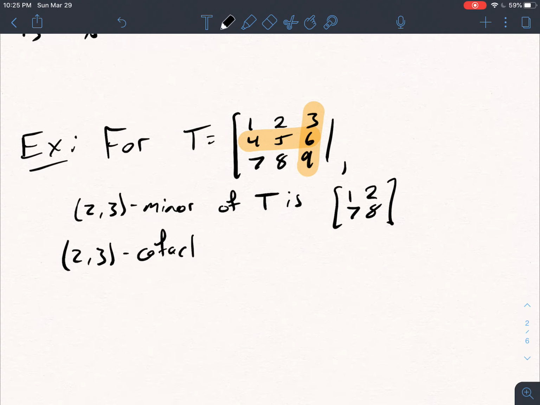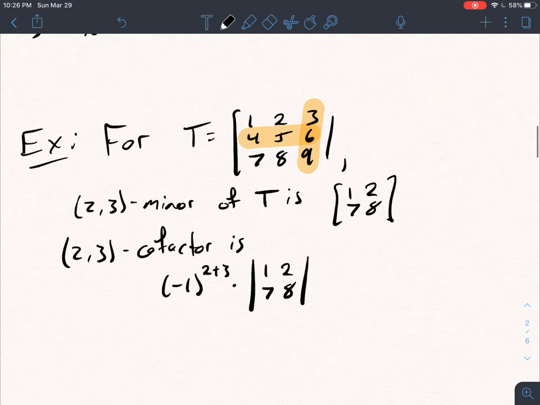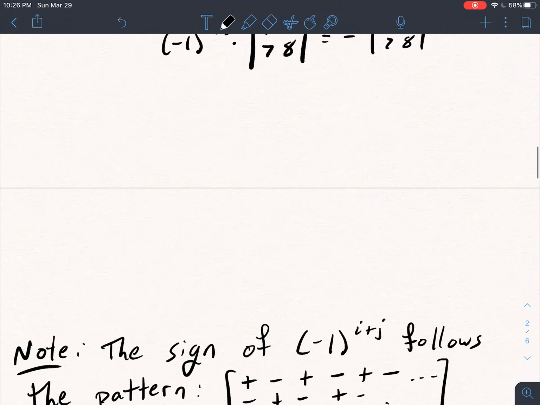And the 2, 3 cofactor is negative 1 to the 2 plus 3 times the determinant of 1, 2, 7, 8, the 2, 3 minor. And so this is negative the determinant of 1, 2, 7, 8. Okay. Cool.